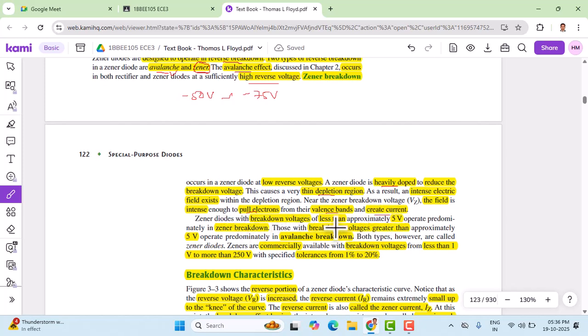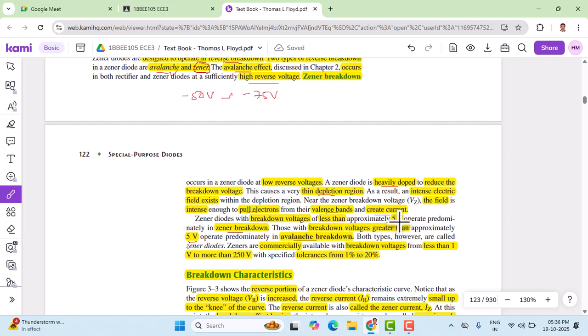Zener diodes with breakdown voltages less than 5 volts predominantly undergo Zener breakdown. Breakdown voltages greater than approximately 5 volts are basically avalanche breakdown. In that way, we can distinguish between Zener breakdown and avalanche breakdown.